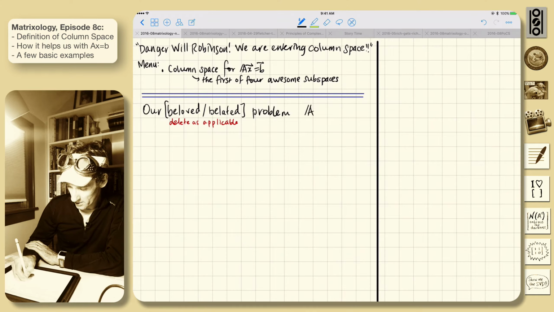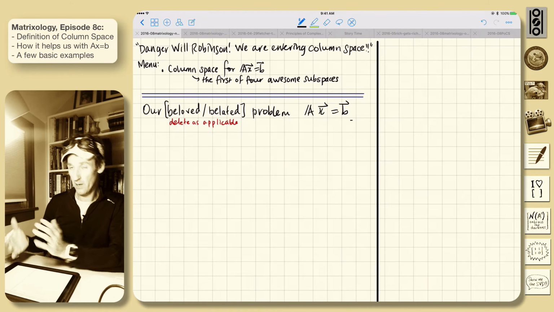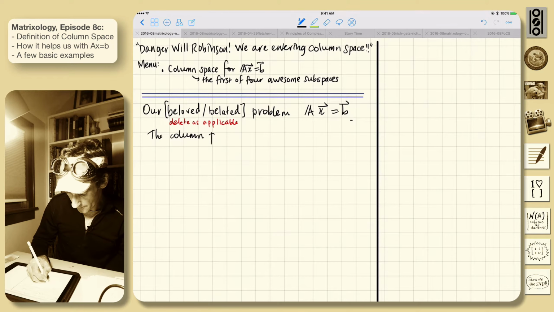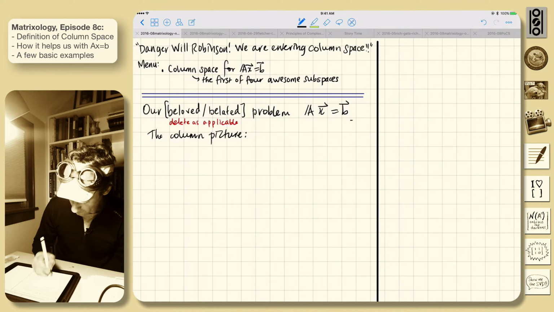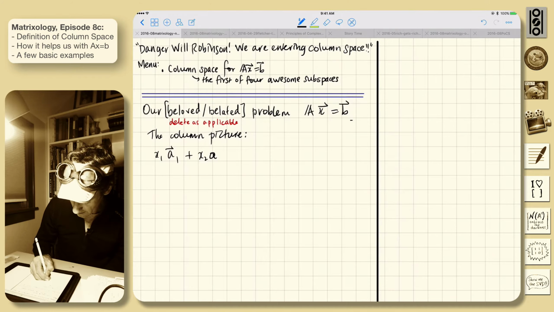So what does this stuff about vector spaces and subspaces mean for this? Well, we know the column picture, right? So the column picture, not to be confused with the picture of column, different thing. So this is x1 a1 plus x2 a2, boom.